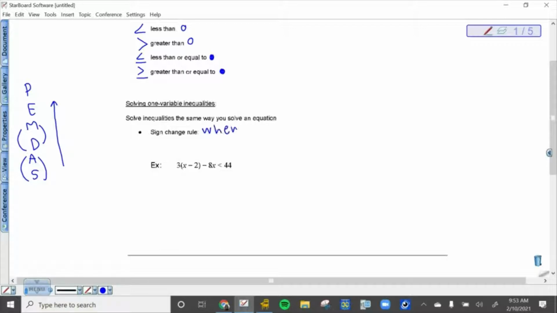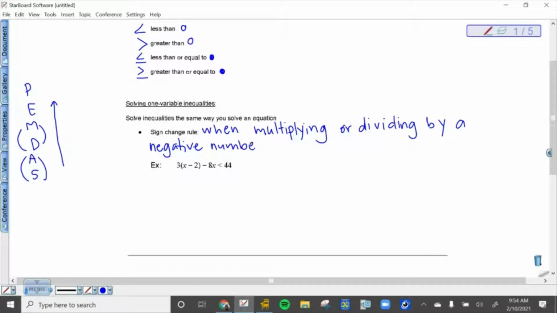When multiplying, so you should be writing this down, or dividing by a negative number, flip the inequality.